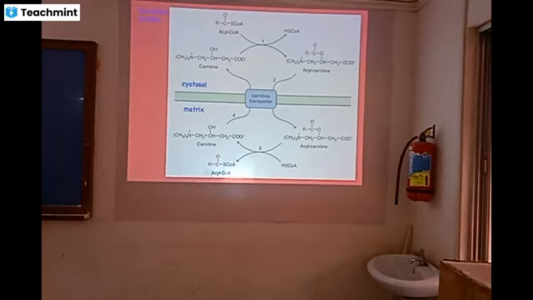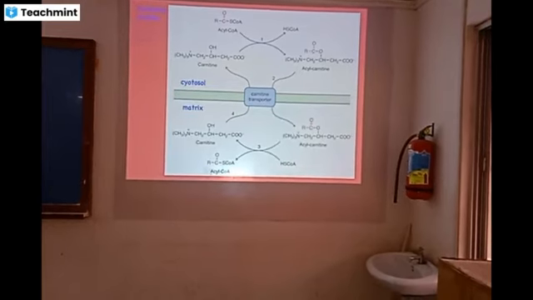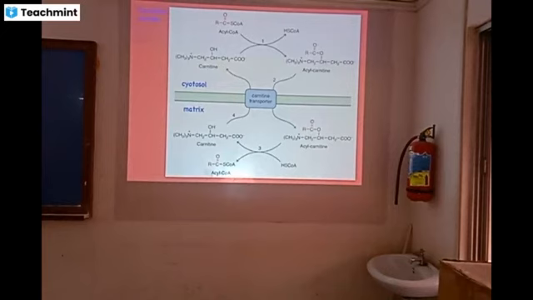So temporarily, the acyl group of the activated form of the fatty acid is attached to the carnitine molecule. Focus only on the red region. The R-C double bond O portion is nothing but the activated form of the fatty acid, as shown on the slide.